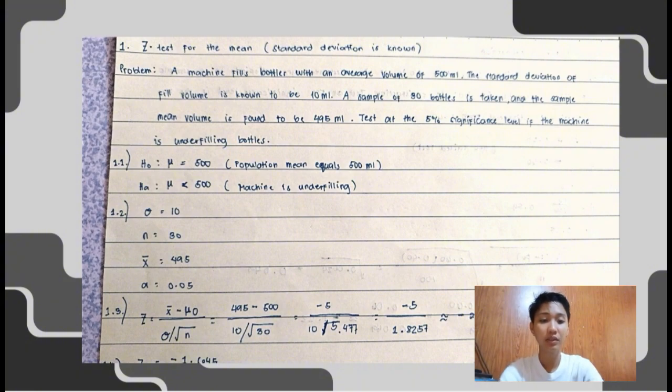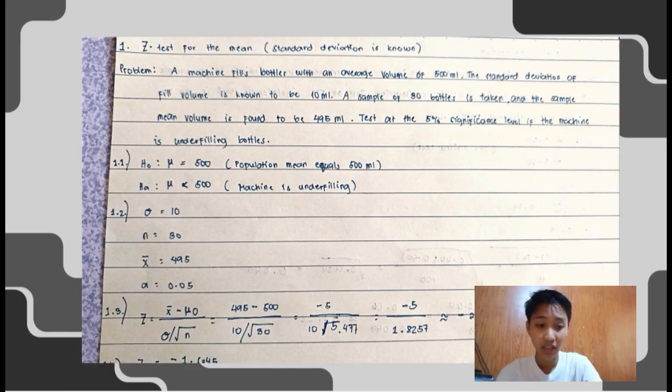the formula is z equals sample mean minus the population mean over standard deviation divided by the square root of sample size. So we're going to substitute: our sample mean is 495 minus the population mean of 500, over 10, the standard deviation, divided by the square root of the sample size, 30.